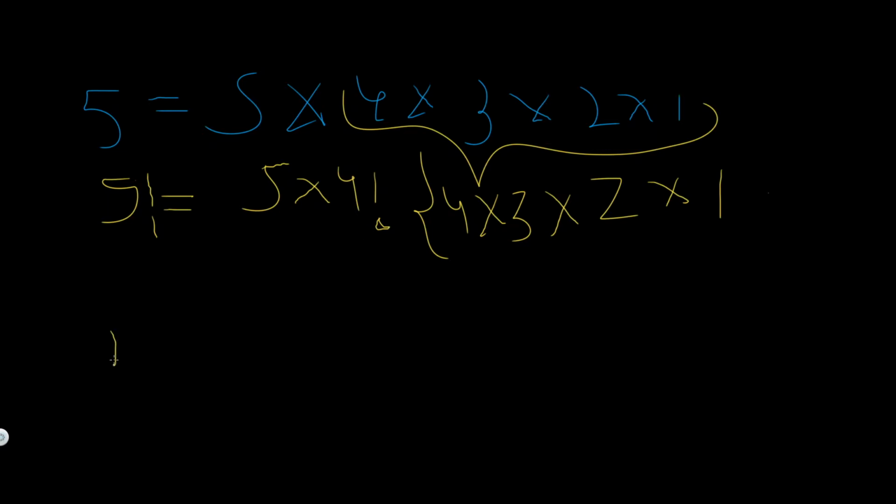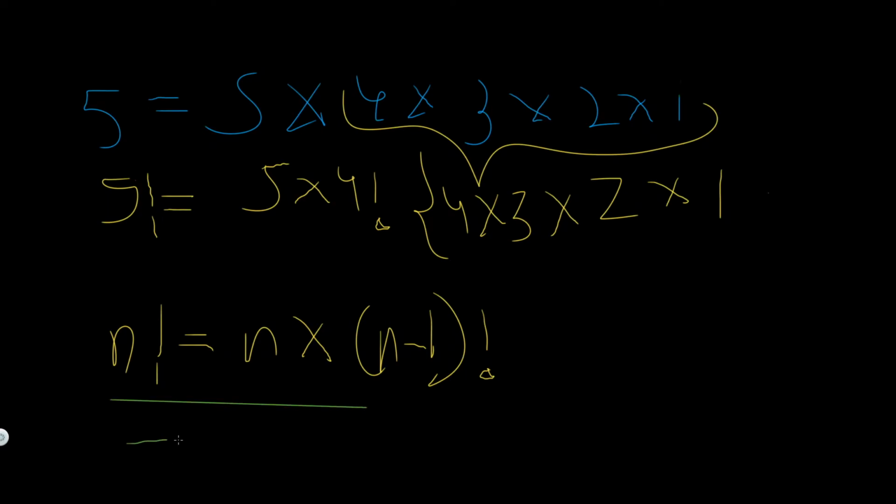And if we have a number, let's say the number is n, so n factorial will be n times n minus 1 factorial. So in this way we can also find the factorial of a number, or this is a way in which we can refer to the factorial of a number, and this information will help us to make our function that will return us the factorial of the number using recursion.